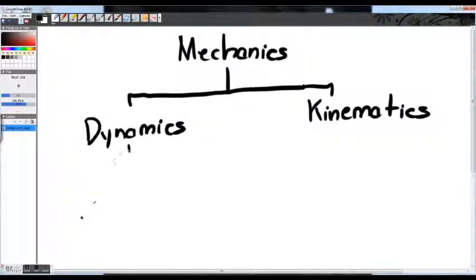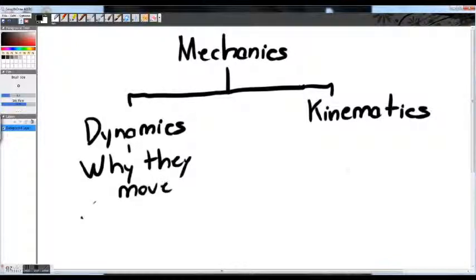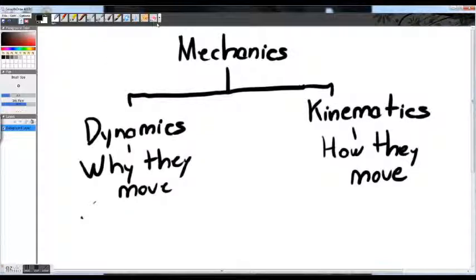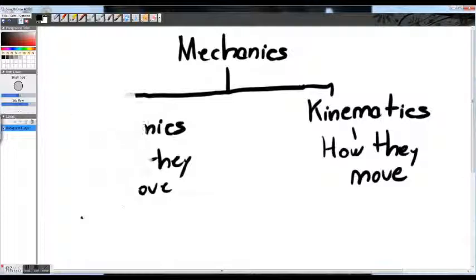Dynamics is going to be why they move. Kinematics will be how they move. So we're going to jump right into kinematics.